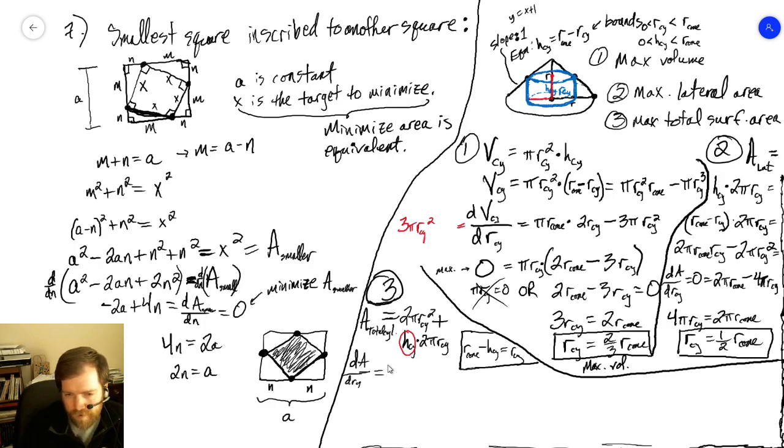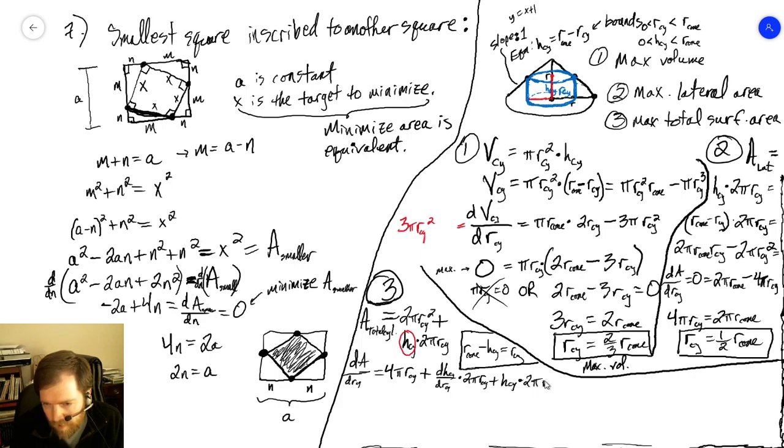Let's just get rid of that. All right, 4 pi r cylinder plus, now we got to do product rule with these. So this is going to be dH dr cylinder times h cylinder times r cylinder, times 2 pi r cylinder plus h cylinder times 2 pi. Nope, r cylinder is going to be gone because again we derived that.